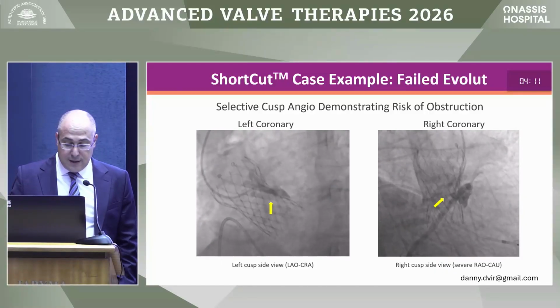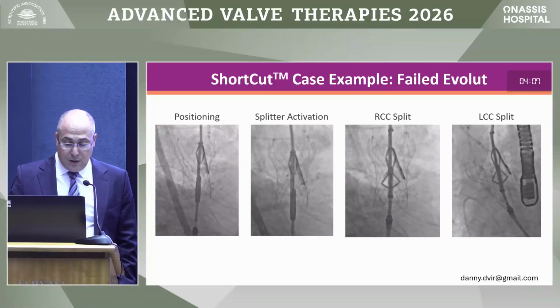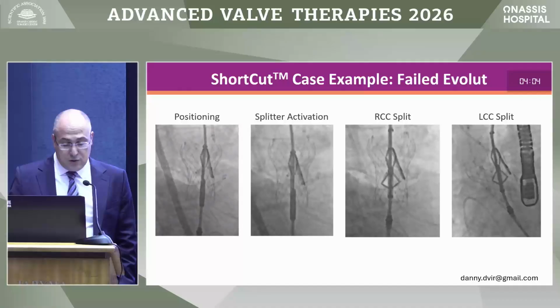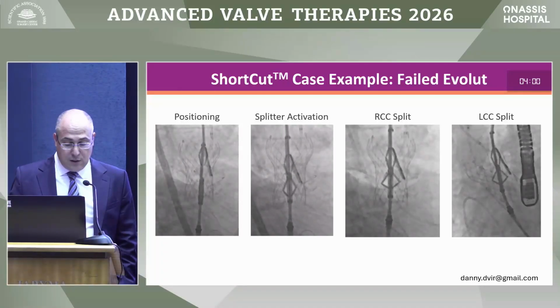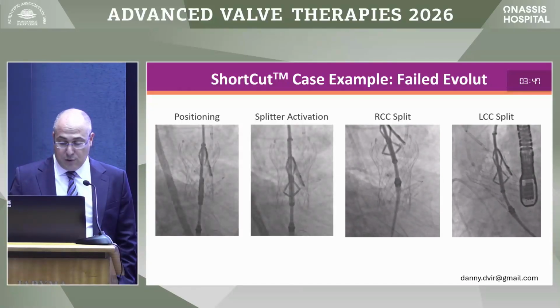On the right side, this is RAO, severe RAO caudal for the RCA. And positioning of a transcatheter knife coming from the LVOT, and puncturing the leaflet, and afterwards it's just a gentle push on the wire and pulling the device, and the leaflet is being split for the right cusp and later on for the left cusp.